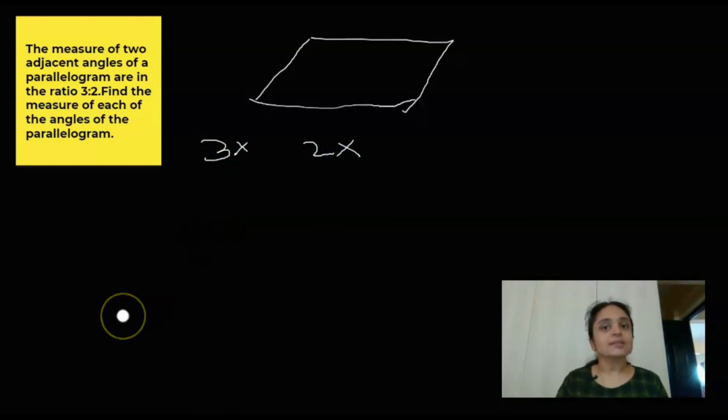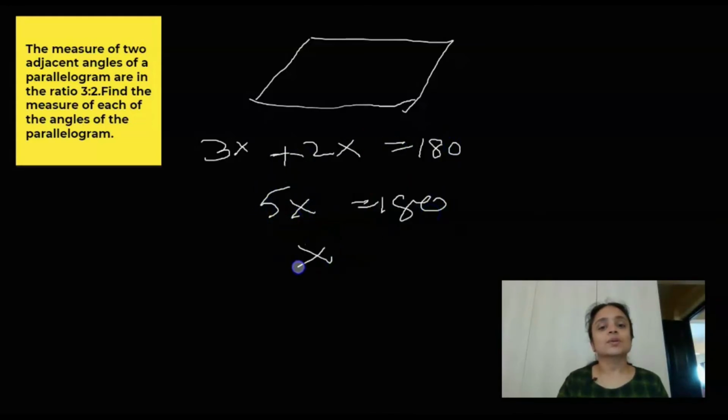Now we know that for a parallelogram, sum of adjacent angles is equal to 180 degree. So 3x plus 2x is equal to 180. That is 5x equal to 180. So x equal to 180 by 5, which is equal to 36 degree. And the angles are 3x and 2x.